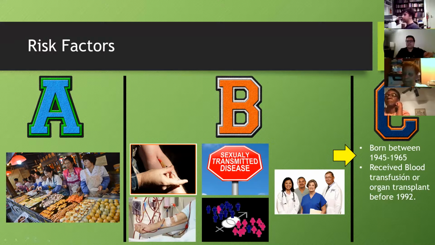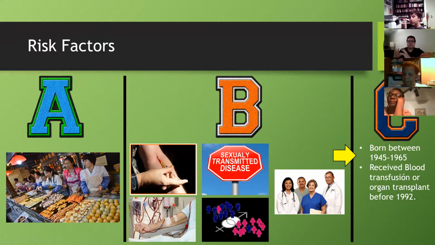So we have some risk factors, and probably you've seen it because in the United States, there are campaigns to try to diagnose these people. If you were born between 1945 and 1965, which is like the baby boomers, you are at increased risk because blood banks didn't test for Hep C in that time.